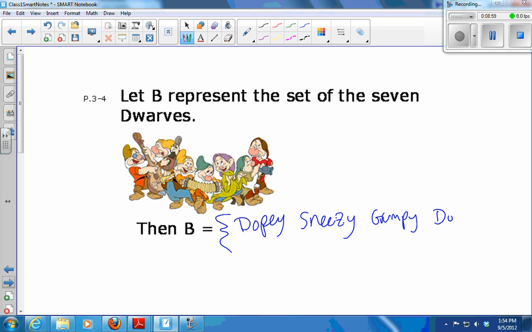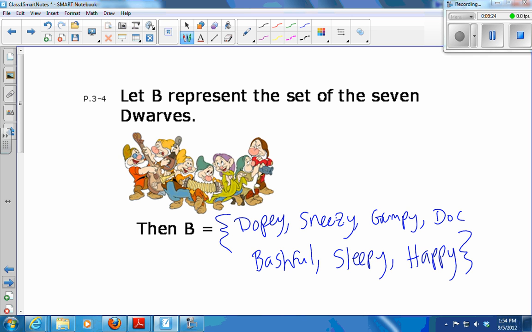Grumpy. Bashful. Sleepy. 1, 2, 3, 4, 5, 6. There's one more. Happy, of course. So you just list them out in curly brackets, commas between them, and you have a set.